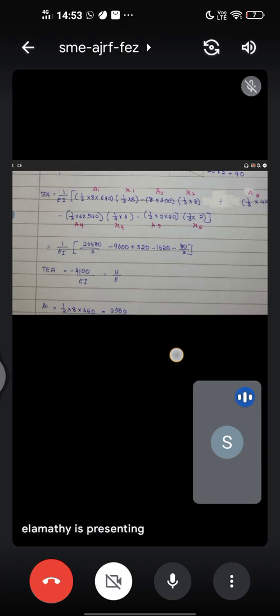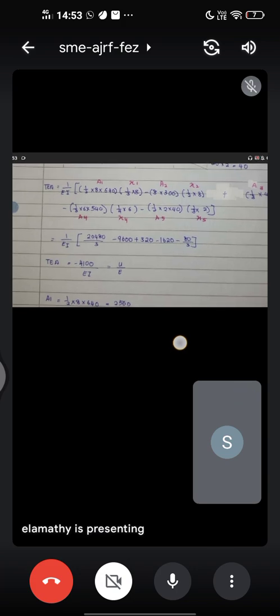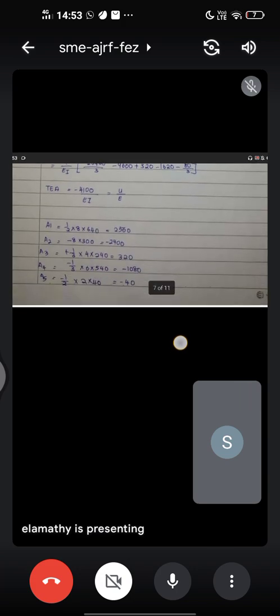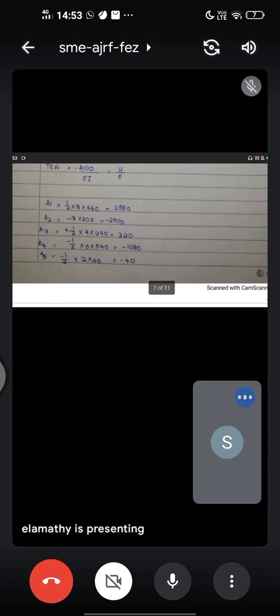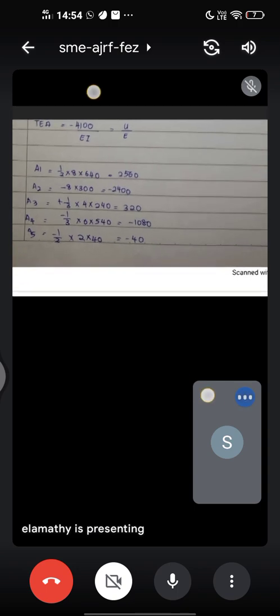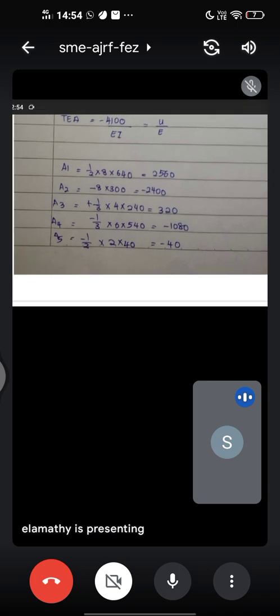So θA will equal negative 4100 over EI. Go down. So a1, a2, a3, a4, a5, all the equations I've written down. Everything we have multiplied with 1 over 2. Some we never use.